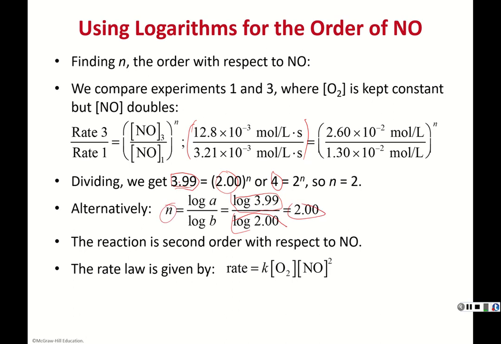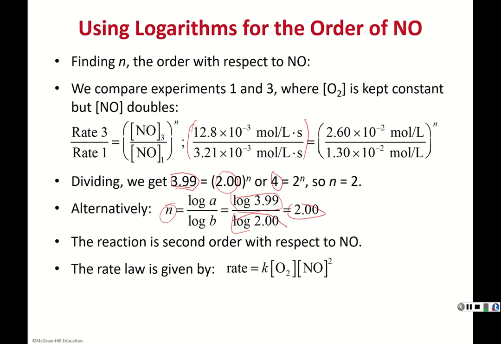For a number like 3.99, we know that rounds to 4. But if it was something that was further off, like 3.67 or 4.28, and your concentrations weren't exactly 2, doing the log version might make it easier to get to an n value.